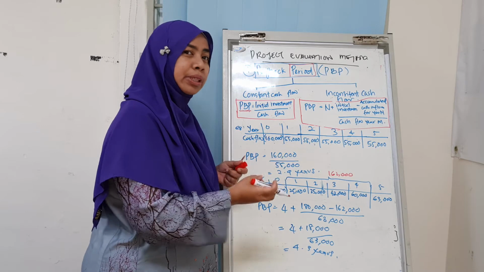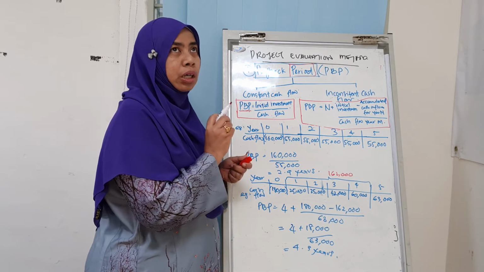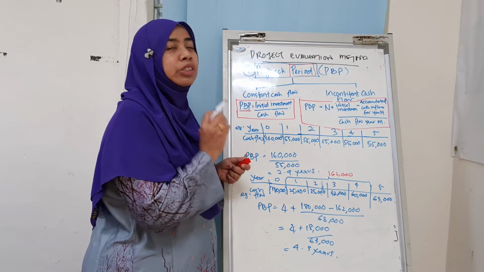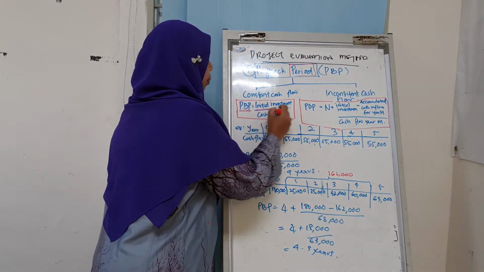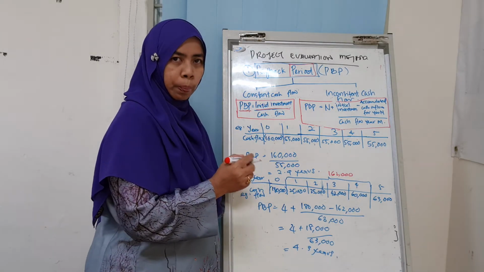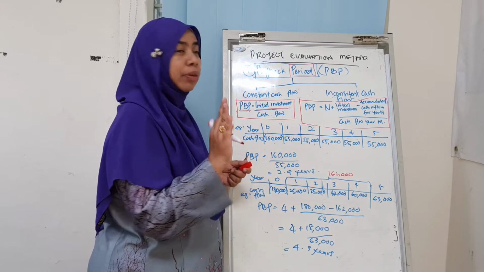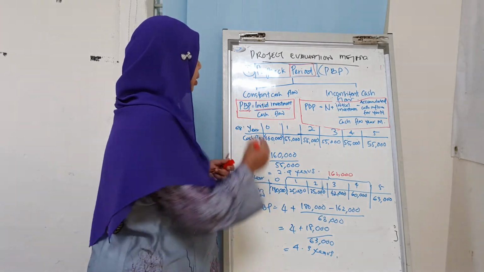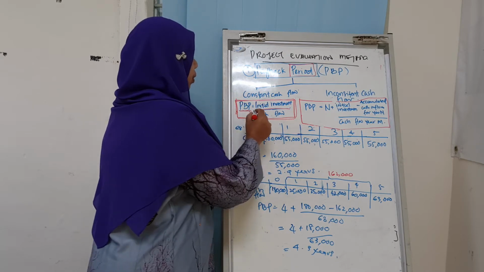Bayaran awal yang diberi sebelum projek itu bermula. Maksudnya pada masa itu the year is still zero. So initial investment divide by cash flow, bagi dengan cash flow berapa every year yang dimasukkan. Right, this is PBP is initial investment divide by cash flow.